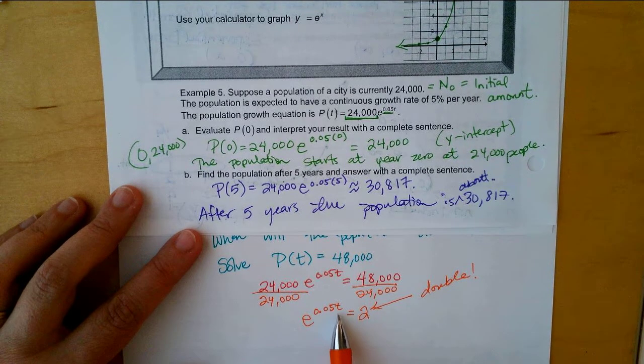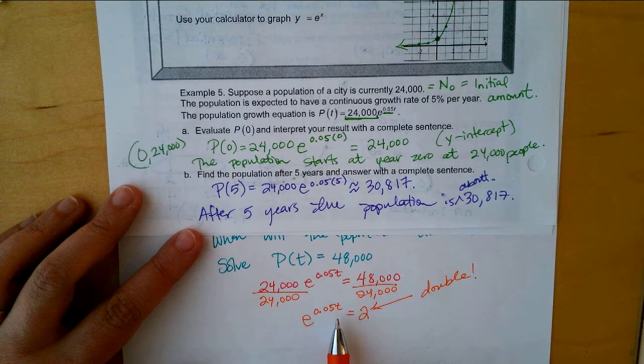The problem I have right now is I don't know how to get that variable out of the exponent. Do you guys know how? Well, it's because we haven't learned it yet. We need another inverse operation, a way to get the variable out of the exponent. And that's why we're learning about logarithms. That's coming up next, okay?